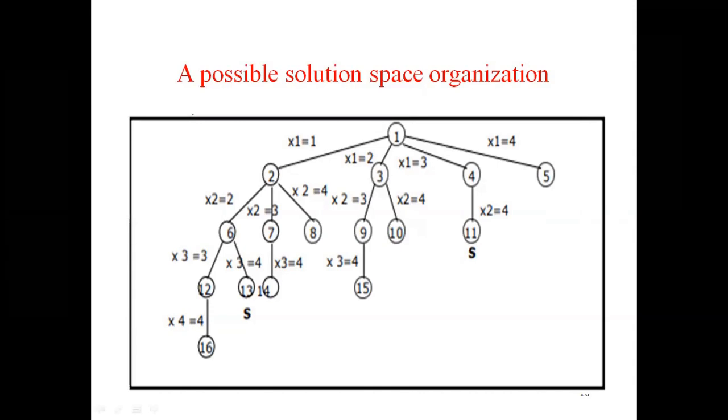So two possible formulations of solution space for the sum of subsets problem. See in the figure, the variable tuple size formulation: the edges are labeled such that an edge from a level i node to a level i plus 1 node represents a value for xi.